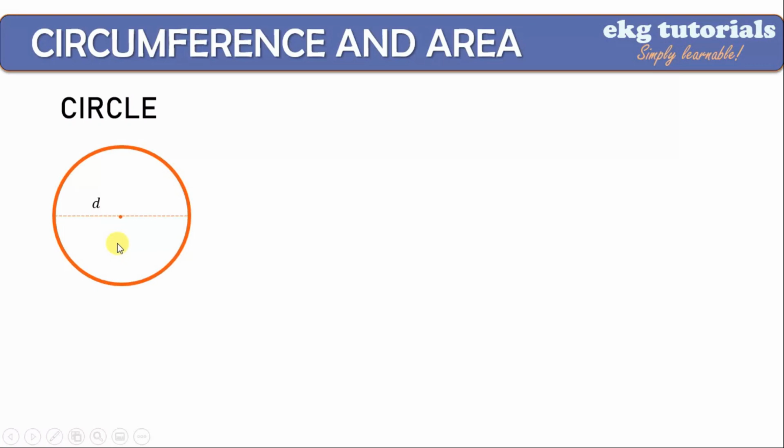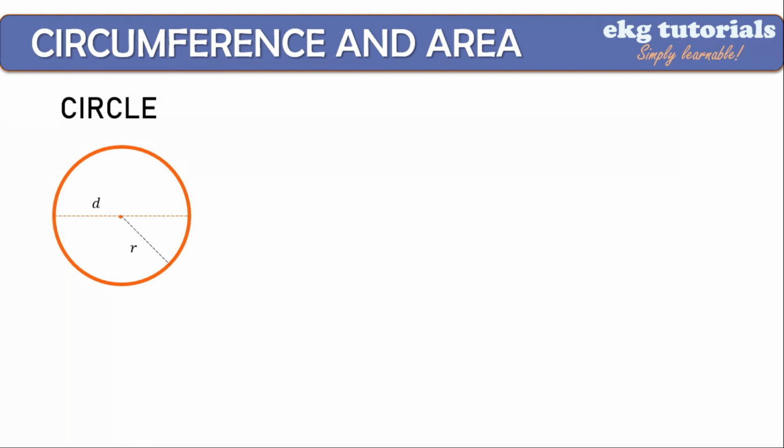Okay. Another thing is, from the center of our circle to any point on the circle, for example yan, we call that the radius. Okay?